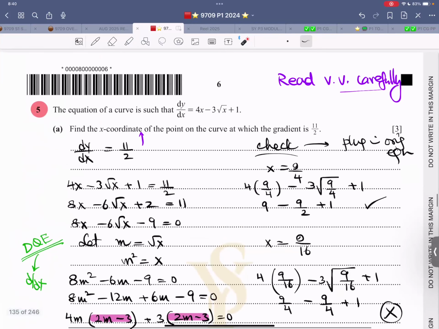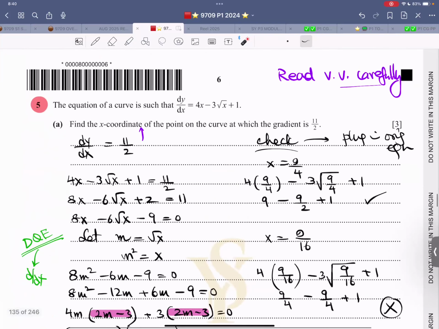I think the only rationale or the reason is you can plug it in over here and double check. So if I plug in 4 into 9/4 minus 3 into square root of 9/4, which is 3/2, plus 1. So this 4 will cancel out. We are left with 9. And then 3 into 3/2 plus 1.